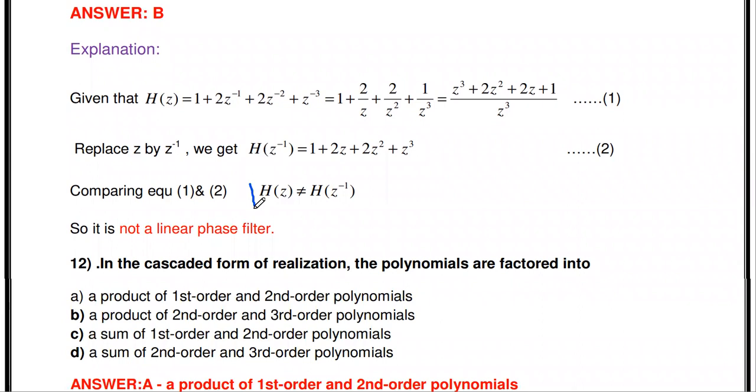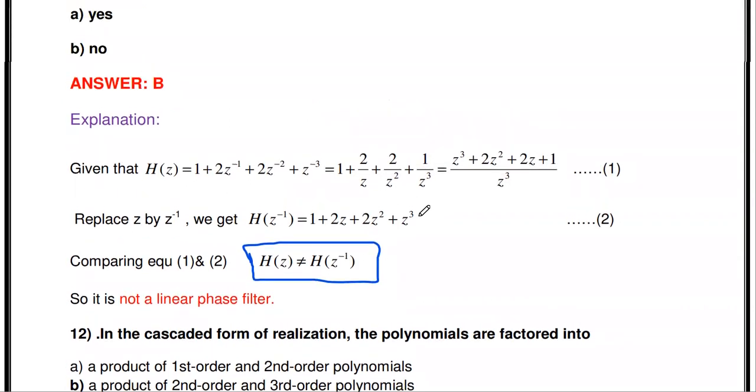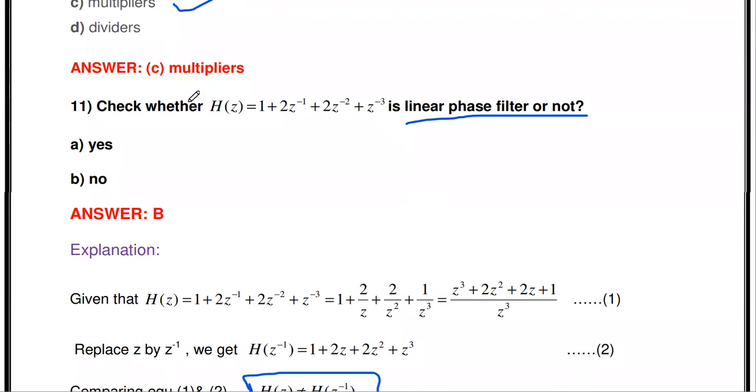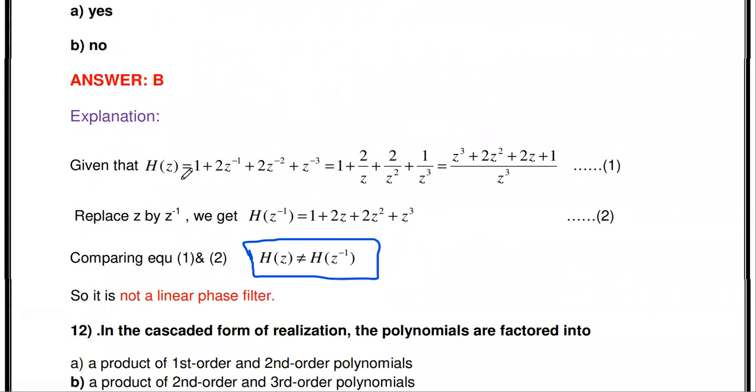If H(z) and H(z inverse) are the same, we can say that the given filter is a linear phase filter. So here H(z) is given, you just write the H(z). Here H(z) has z power minus 1 terms.